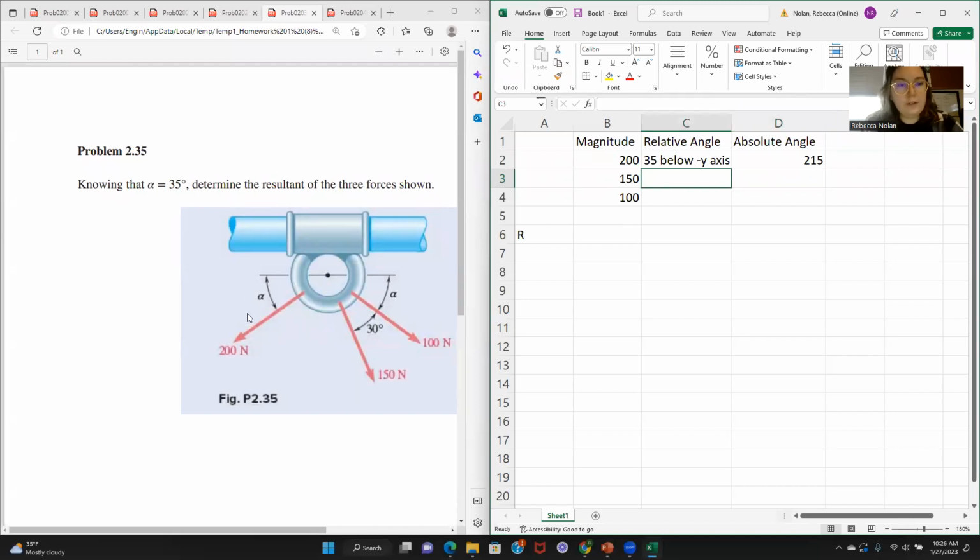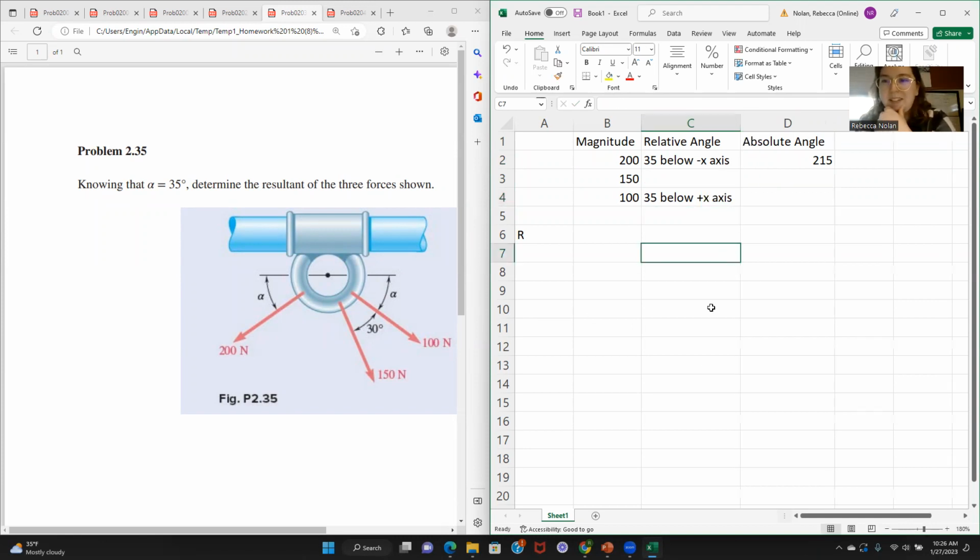Okay, so 150 is going to be, let's do 100 because it's easier. 35 degrees below the negative x-axis, and this should be the positive x-axis. I misnotated. Okay, and so then this one is going to be that 35 plus the 30. Common mistake here is to have this one be a 30-degree angle, and that's going to mess you up.